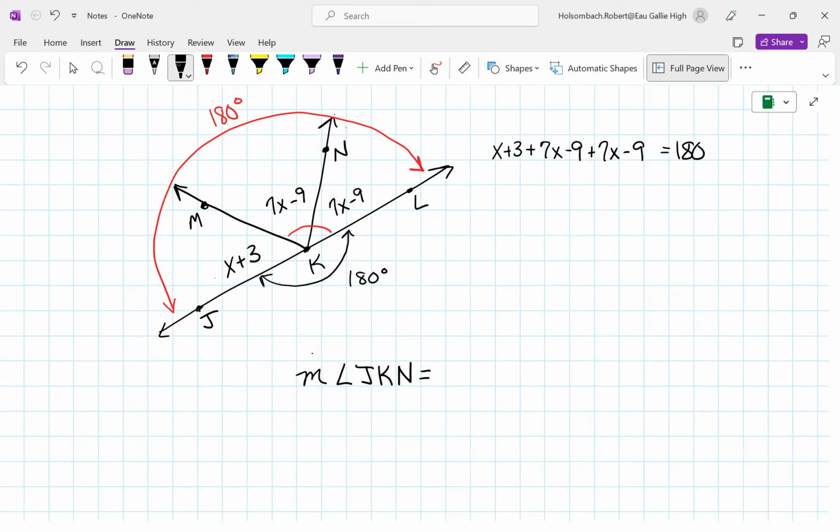So now we combine the x, the 7x, and the 7x, and we get 15x. I got a positive 3, a negative 9, and another negative 9. Negative 15 equals 180. Add 15 to each side.